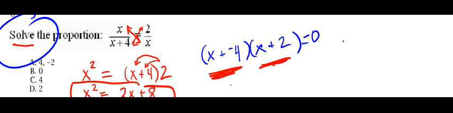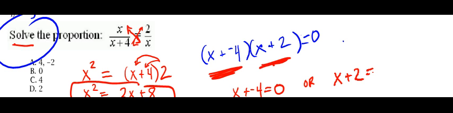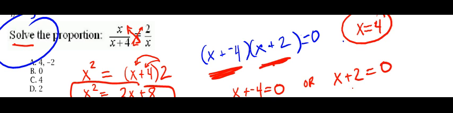The only way that can happen is if this piece is equal to 0, or this piece is equal to 0, or they're both equal to 0. So when it's fully factored, I can take each piece, set it equal to 0 and solve for x. In this one, I'd add 4 to both sides and get x equals 4. And to solve for x in this one, I'd subtract 2 from both sides and get x equals negative 2.